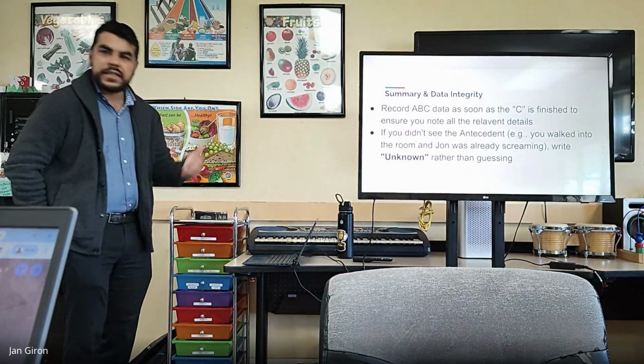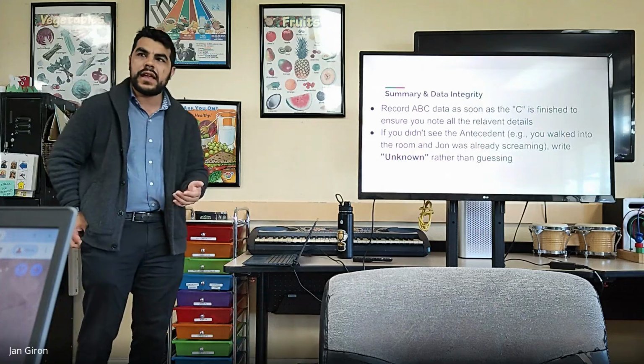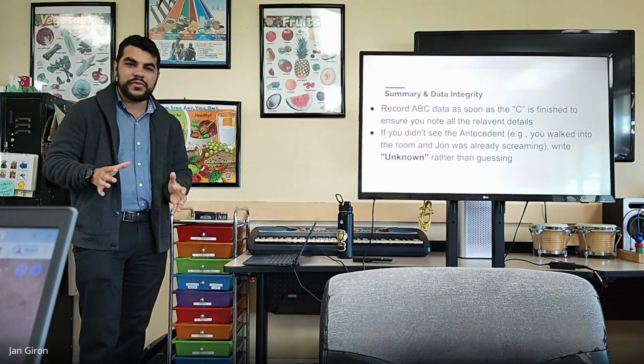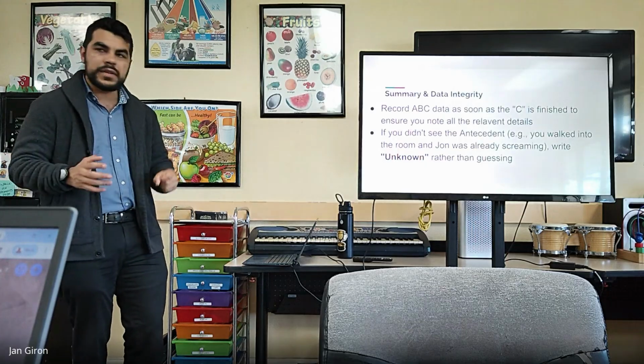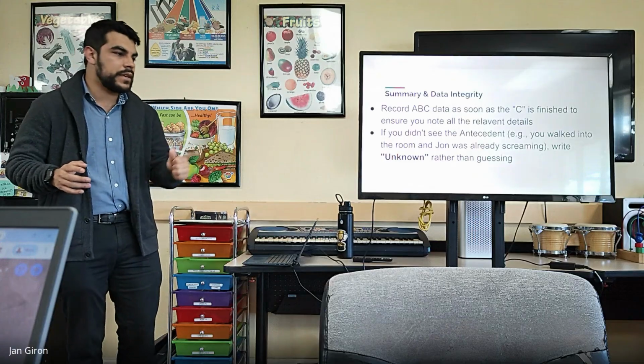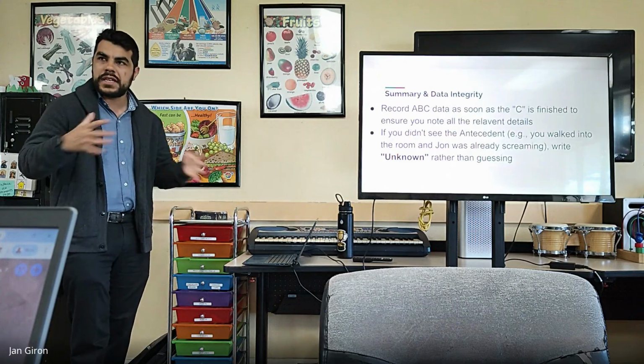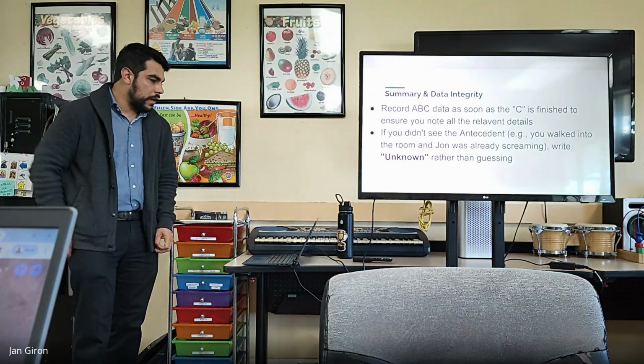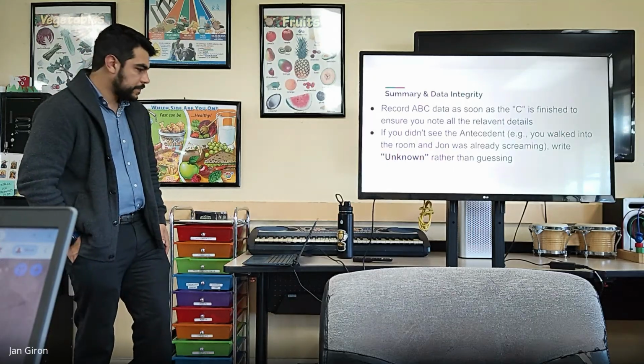And then, yeah, I mean, it happens. Sometimes we don't see the antecedents. It'll be really ideal if you can capture the antecedents. But for those instances that you don't, you can put unknown for the time being. And hopefully with other separate instances, we can find what that antecedent will look like with additional observation.